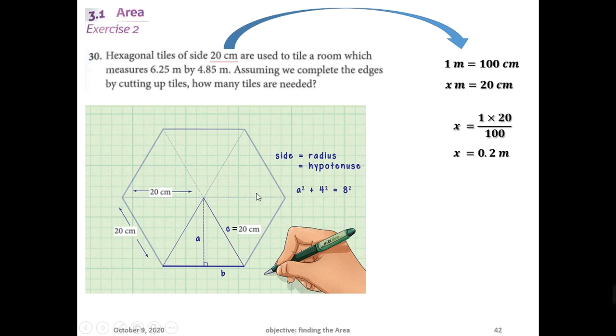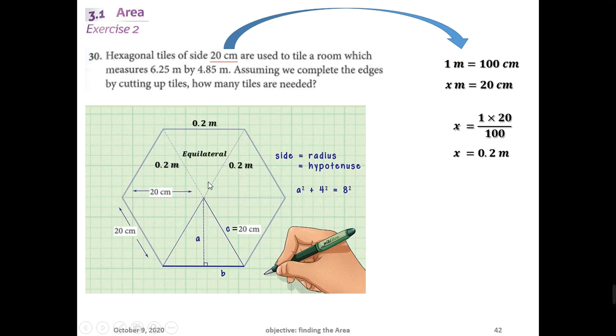So each side in the triangle is 0.2 meters. So this is 0.2, this is 0.2, and this is 0.2. Since all sides in this triangle are equal, this triangle is an equilateral.